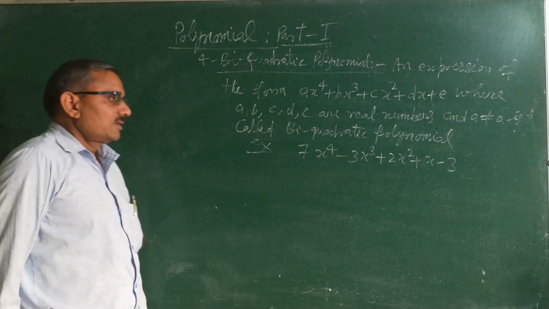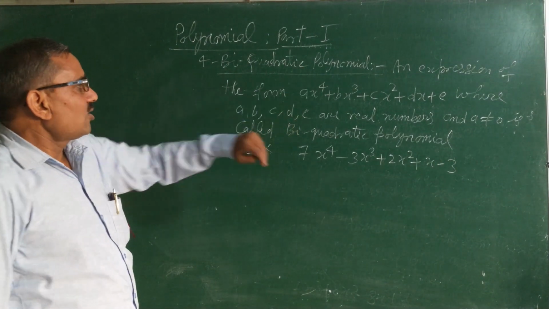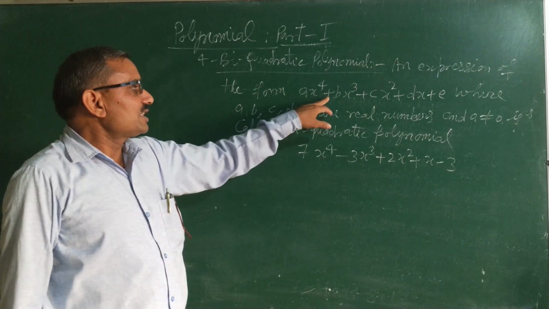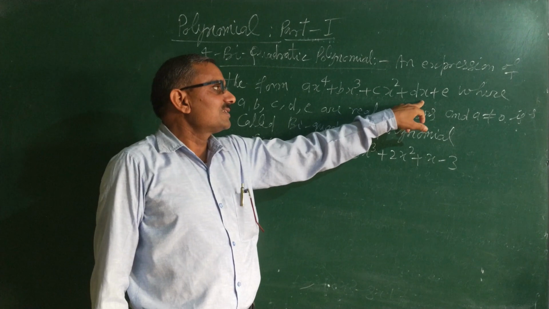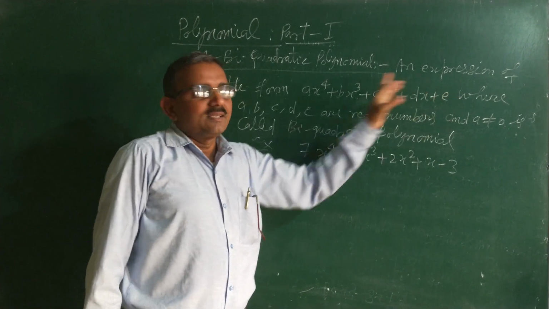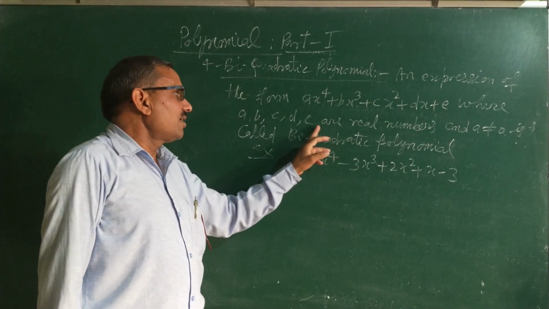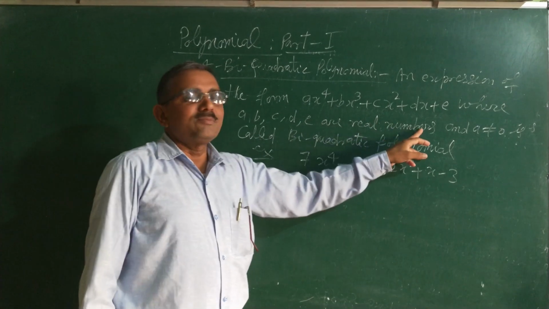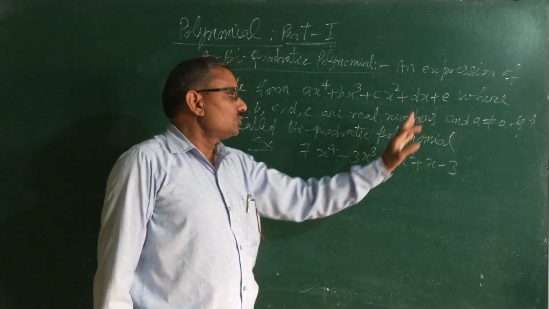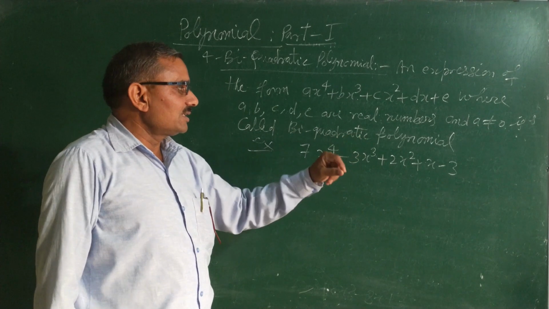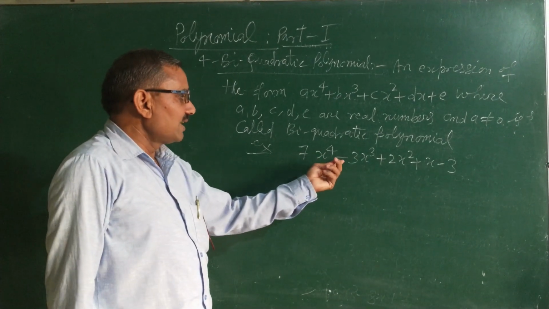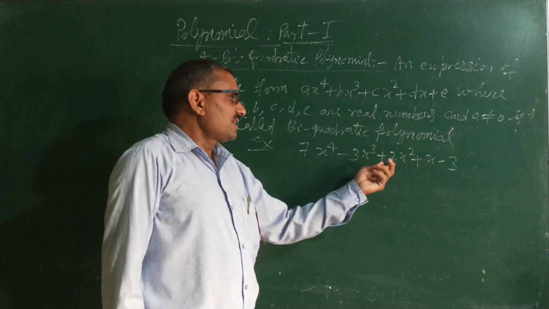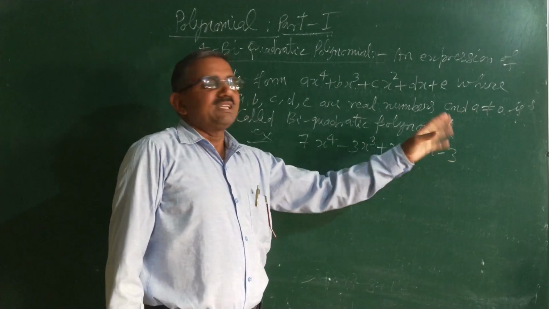An expression of the form ax power 4 plus bx cube plus cx square plus dx plus e, where a, b, c, d, e are real numbers and a is not equal to 0, is called biquadratic polynomial. Example, 7x power 4 minus 3x cube plus 2x square plus x minus 3.